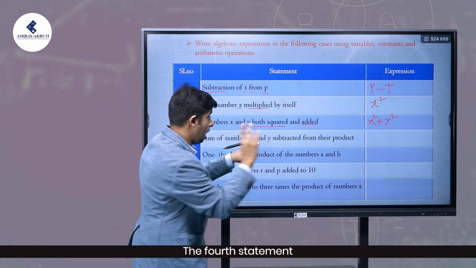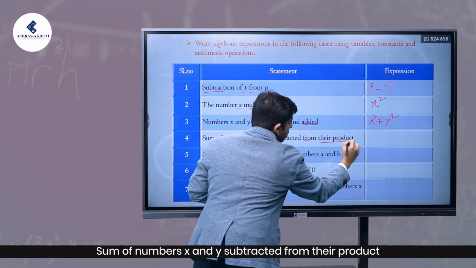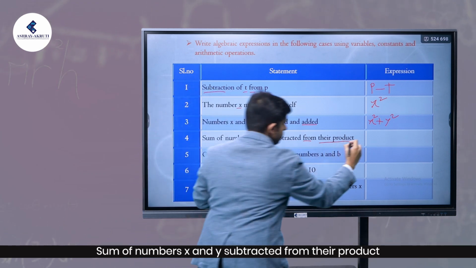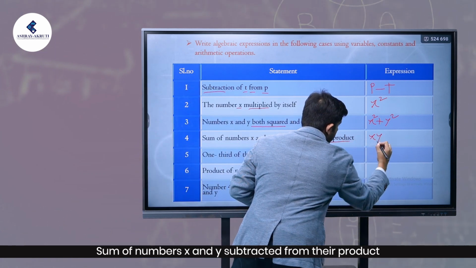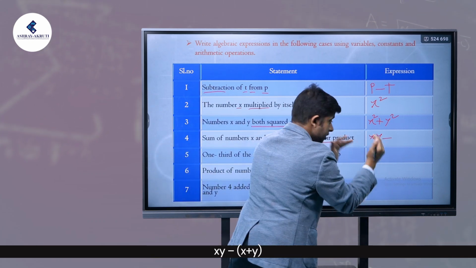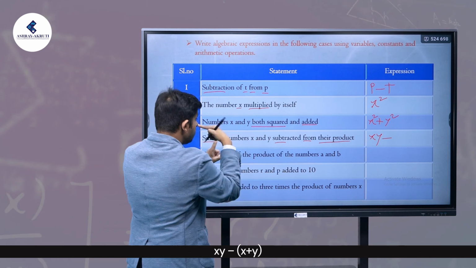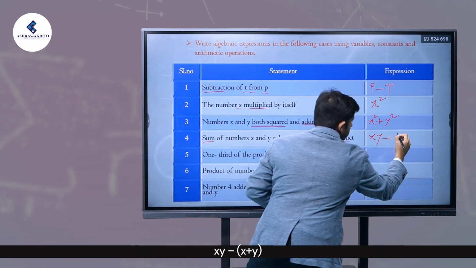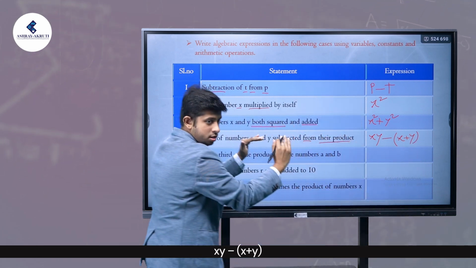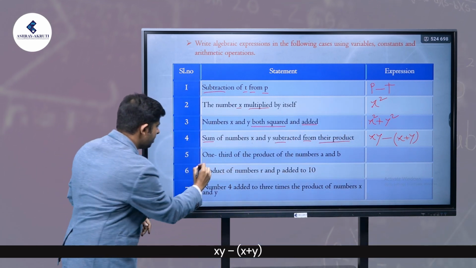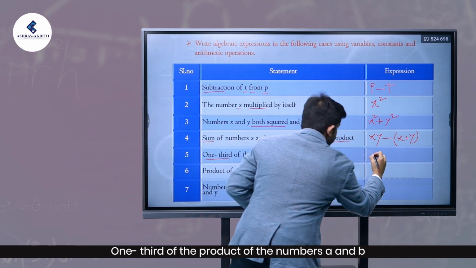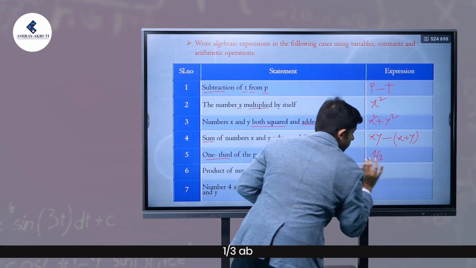The fourth statement, sum of numbers x and y subtracted from their product. xy minus of x plus y. One third of the product of the numbers a and b. 1 by 3 ab.